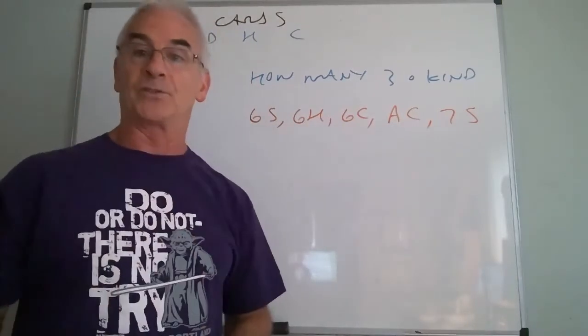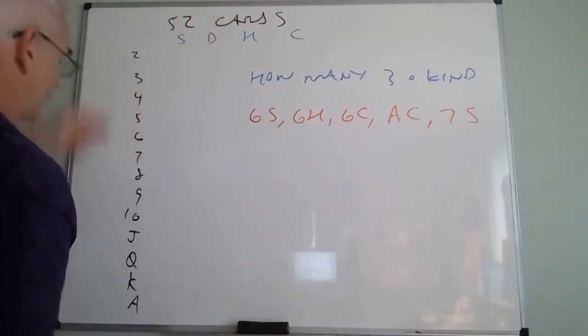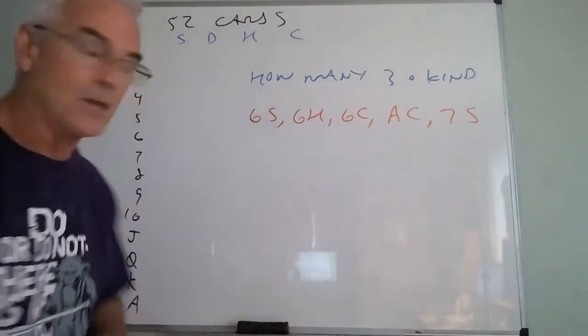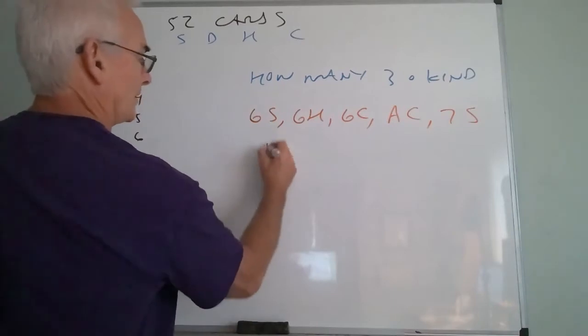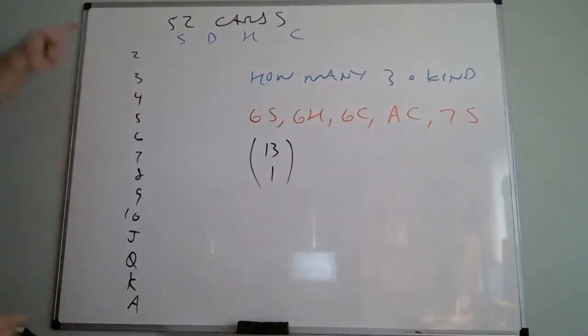Well, it's real simple. First, I need to figure out which of these 13 I'm going to choose as my 3 numbers in a row. So to choose my 3 numbers, I have 13, I need to choose 1. There, I have now selected which number.